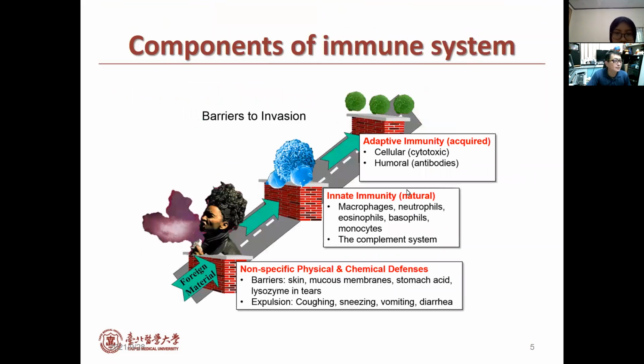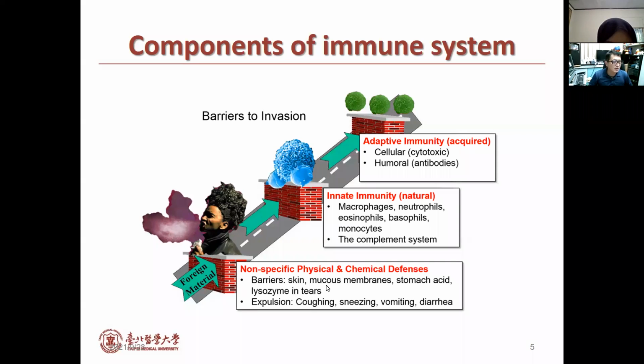Let's look at this diagram to show you what components are in our immune system. The first one I mentioned already, the hard stuff, the barrier. For example, our skin, the mucous membrane in our mouth and trachea, right?